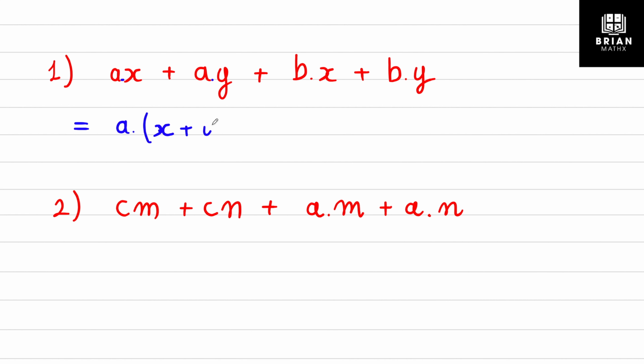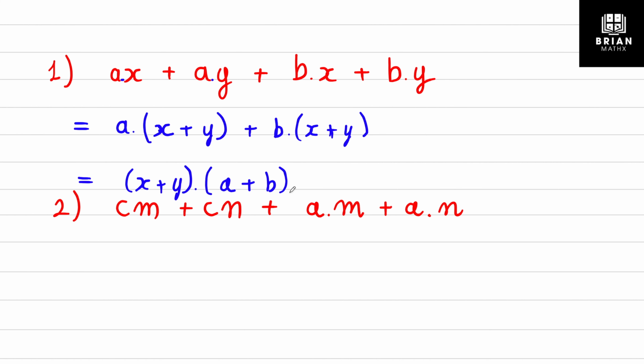Inside the bracket you get X plus Y. The last two terms are BX and BY. Take B outside and you get X plus Y. X plus Y is the common factor, and the other bracket is A plus B. So we finish exercise 1.